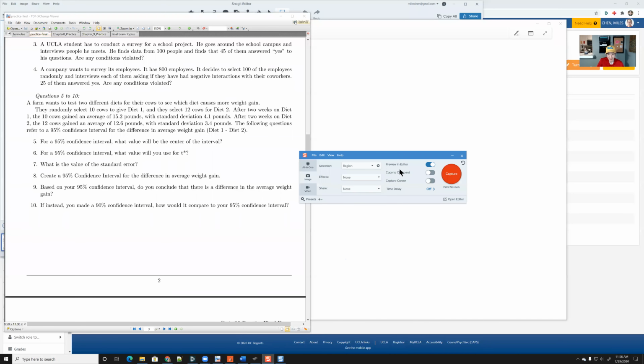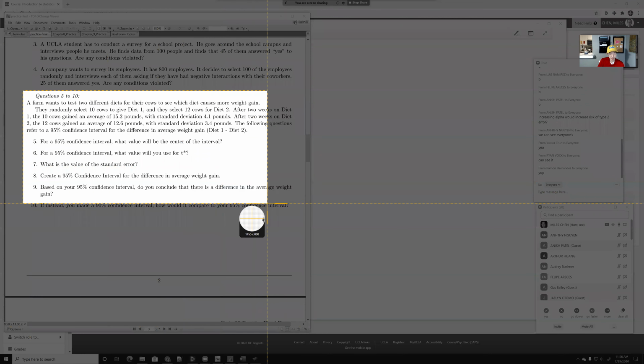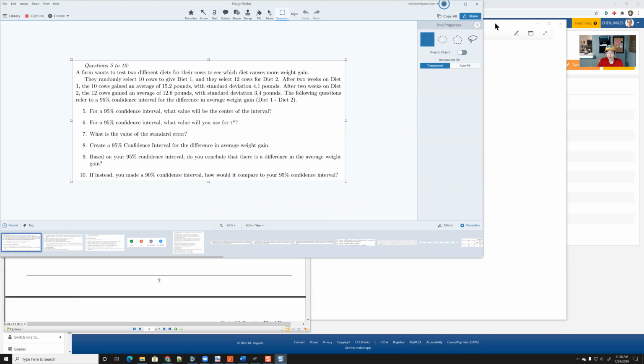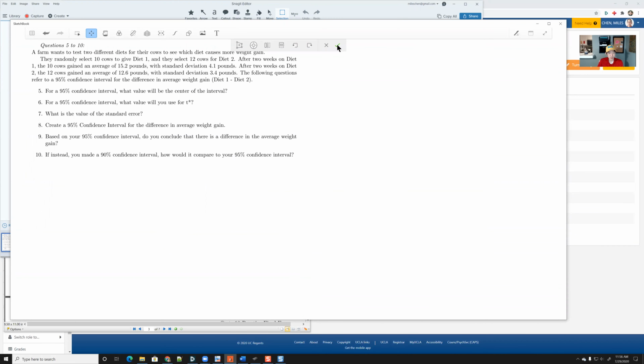Okay. Then I'll copy these here. We'll work through this, and then after this we can take a short break, and then we can just keep moving through the practice questions that I've provided.